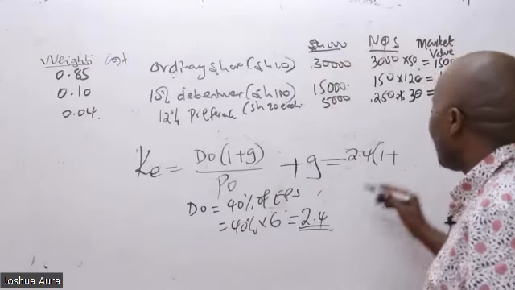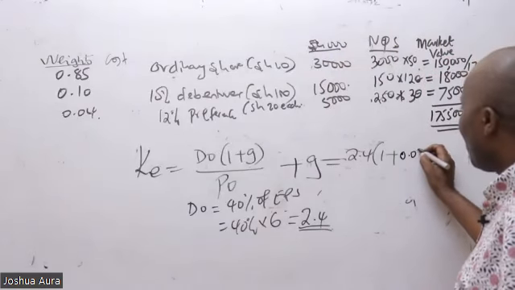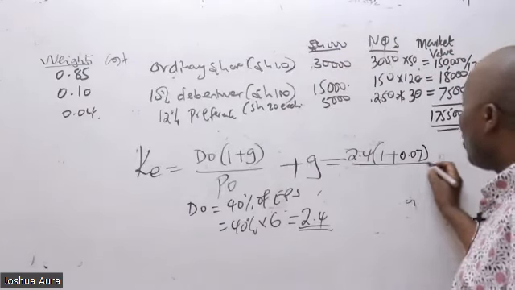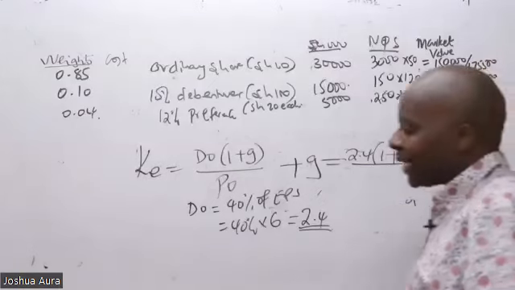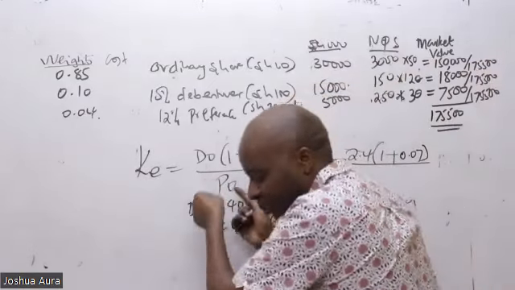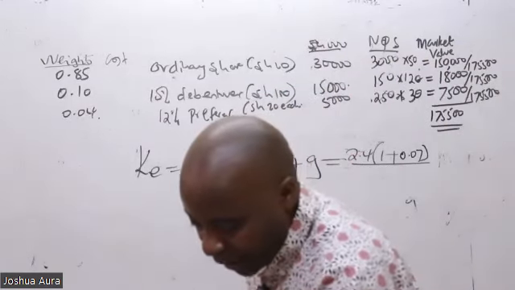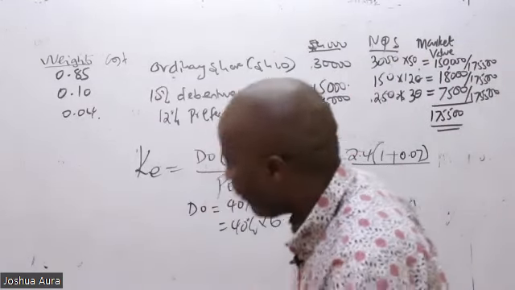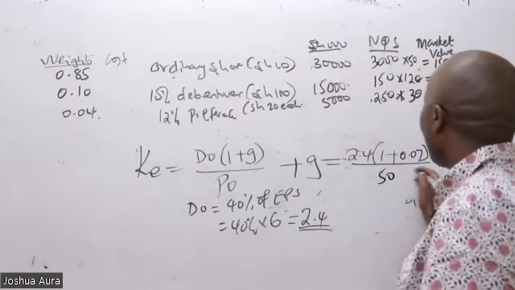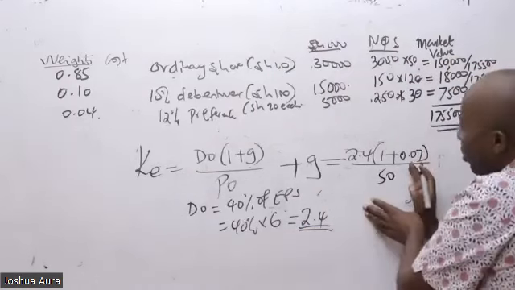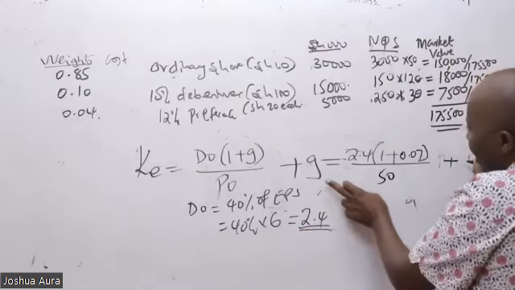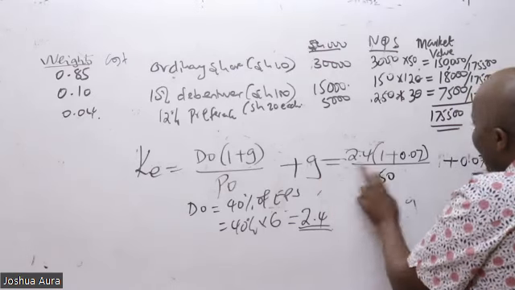So the 7% is the growth rate, forever growth rate. All over P0, the current market price of the ordinary share, given in note number 1: the current market value of ordinary shares is 50. Whatever I get out of this, I'll come and add the growth rate, 0.07.